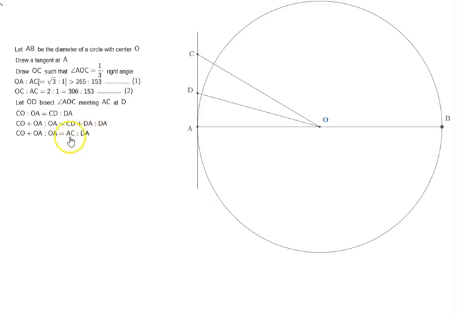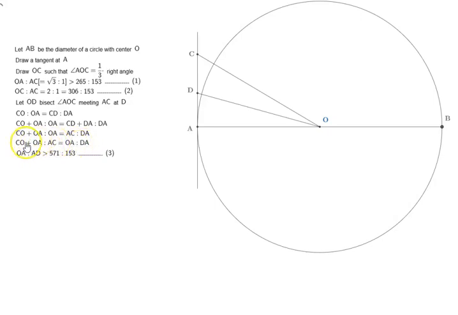This ratio AC is to DA, we don't know, and we have to figure it out. But here we know CO, we know OA. So using that, we can figure out the values. What we do is we take OA to this side and AC to this side. OA is to DA or AD, we don't know.